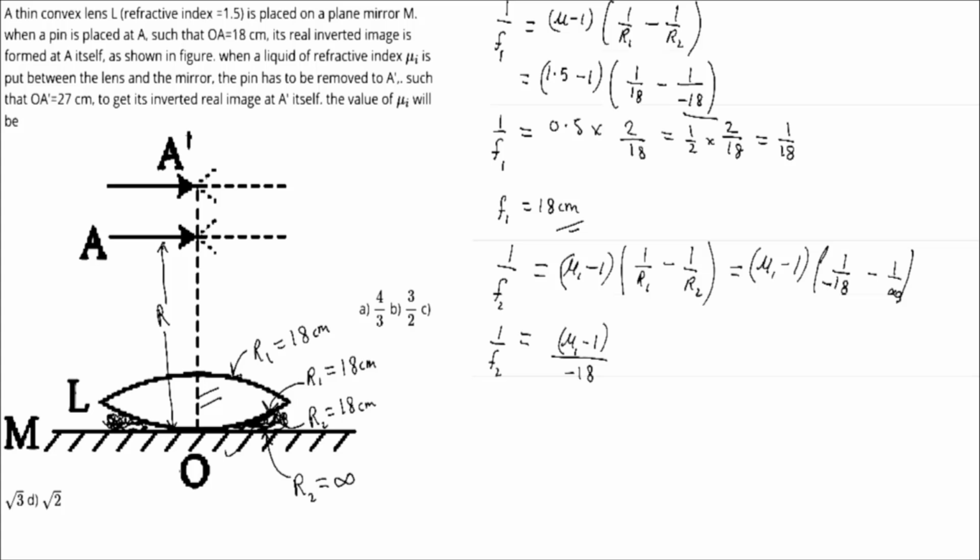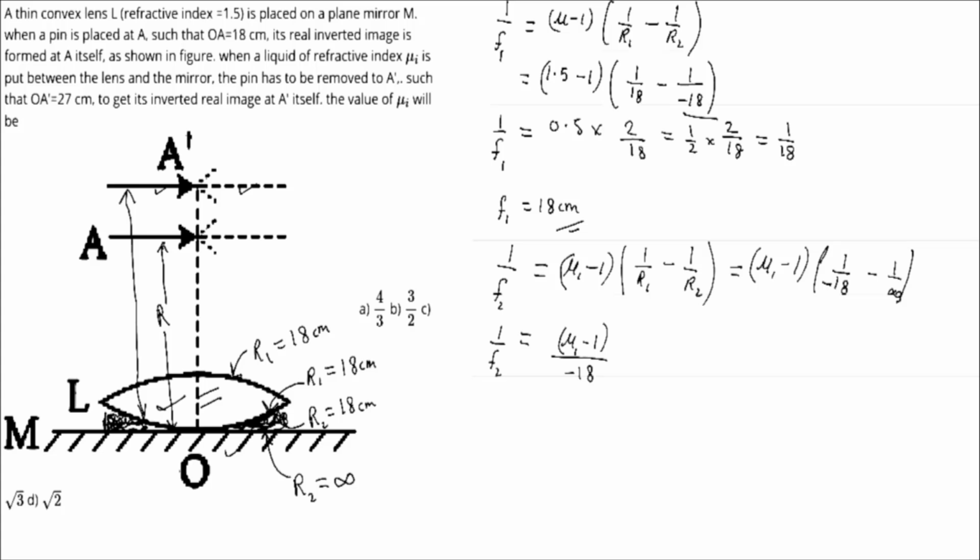Now we are talking about the combination. We very well know that after the combination of the lens as well as the liquid, this is the distance of the new shifting of the pin and its respective image at that same position.